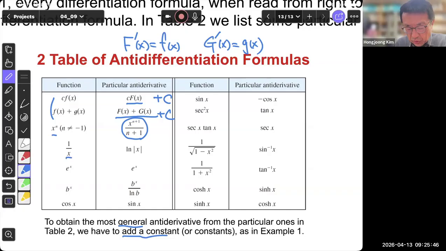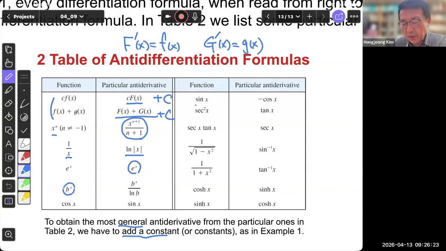For 1 over x, you need to differentiate log absolute value of x. If you differentiate e to the x, you get e to the x. If you differentiate b to the x, you get b to the x times ln(b). So in order to have b to the x, you first need to divide b to the x by ln(b), so that after differentiation, you have only b to the x. If you differentiate sine, you get cosine. So an antiderivative of cosine is just sine, not negative sine.